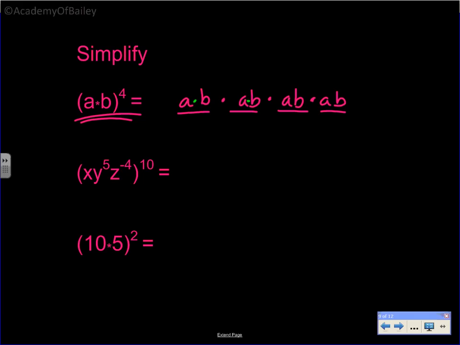Multiplication, multiplication, multiplication, multiplication. So therefore, the commutative property allows us to put the a's together. It also allows us to put the b's together, since there's a bunch of multiplication signs there. And so now we have a to what power? A to the fourth, and b to the fourth power. So this is the solution.